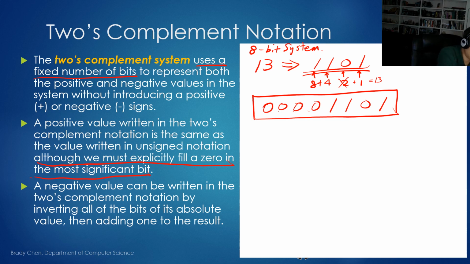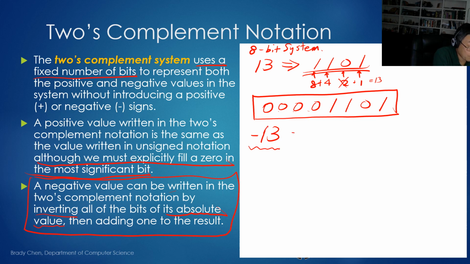Now these are the steps we need to do. So suppose we have a negative number, like negative 13. A negative value can be written in two's complement notation by inverting all the bits of its absolute value. So let's say the number is negative 13.